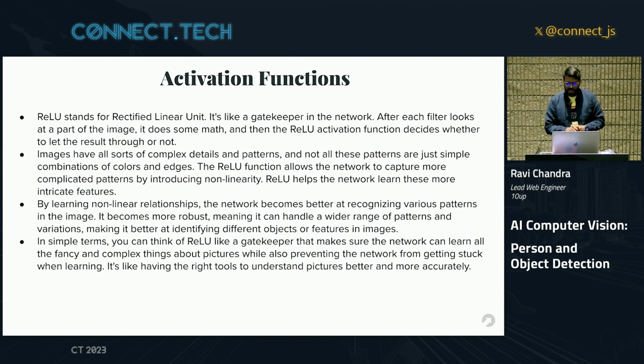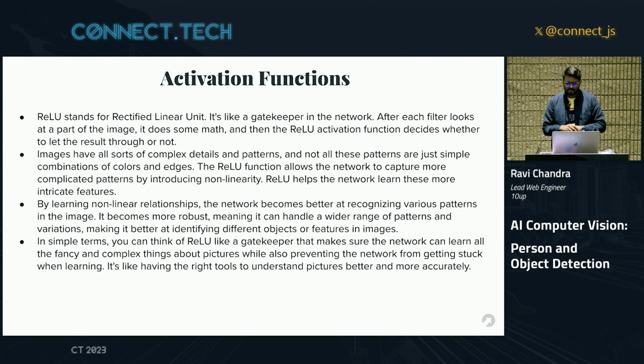And then we have an activation function. This is not a layer in itself. It used to be called a layer, but it's not a layer in itself. It's a mathematical function. We have different types of functions on how we want to activate a neuron or a layer. But the one widely used in a convolutional neural network is ReLU, because it ensures that there is non-linearity when it identifies these images, because images are not always black and white.